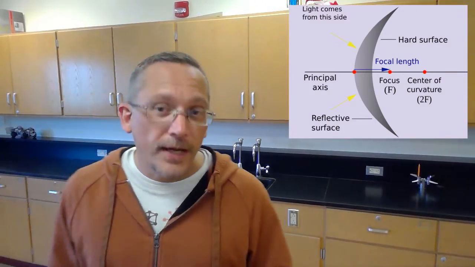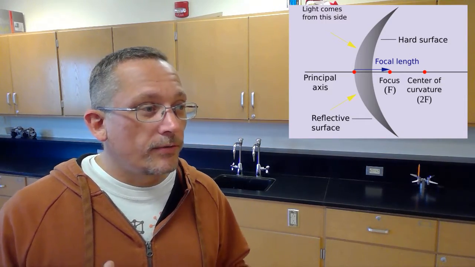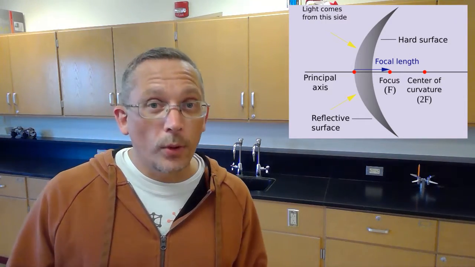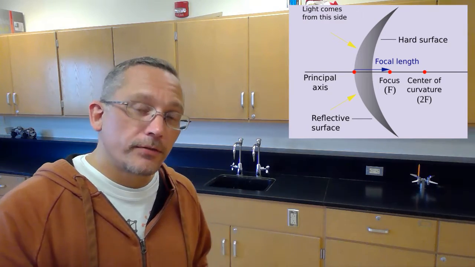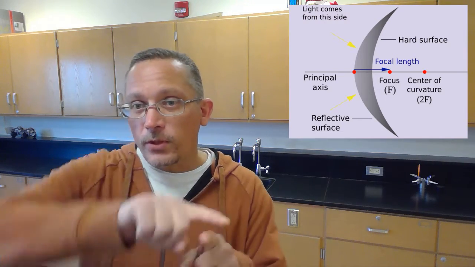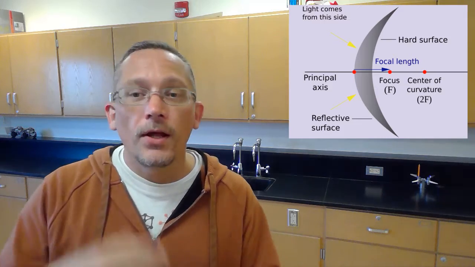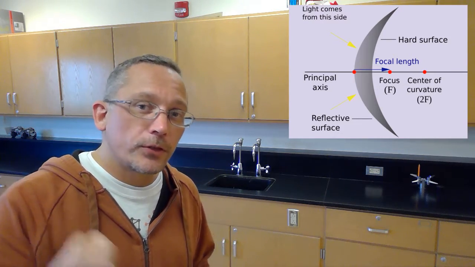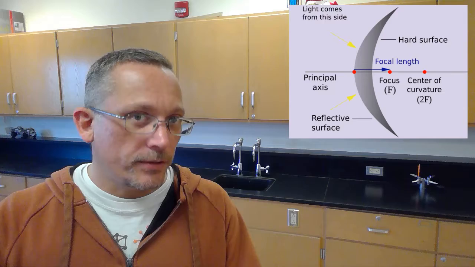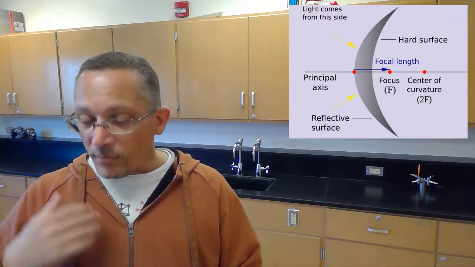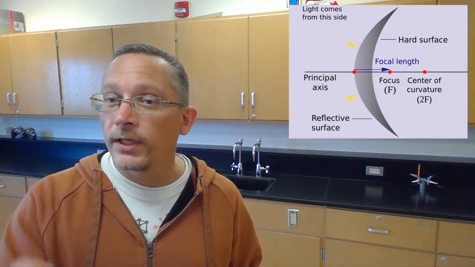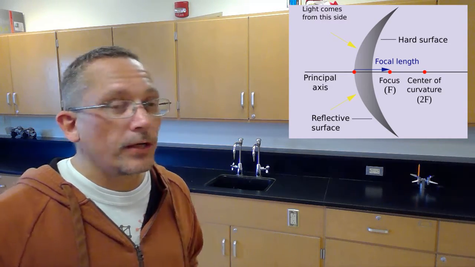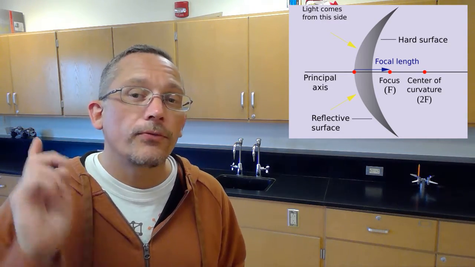And along the principal axis, you're going to find a couple of important points. One point there is what's called the center of curvature. If that mirror was a whole complete circle, then the center of curvature would be the center of the circle. But that particular point is not the most important point. The most important point is the other point on the principal axis, called the focus.